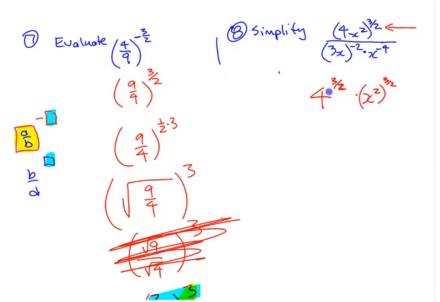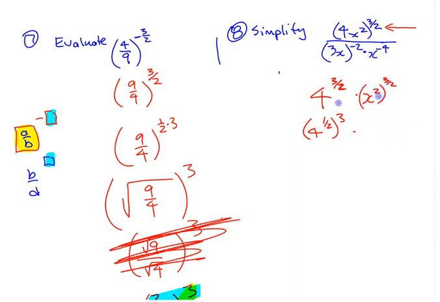If you have 3/2, I would write it as 4 to the 1/2 to the 3. And you can write this as x squared to the 1/2 to the 3. Actually that one's easier just to get rid of right away.